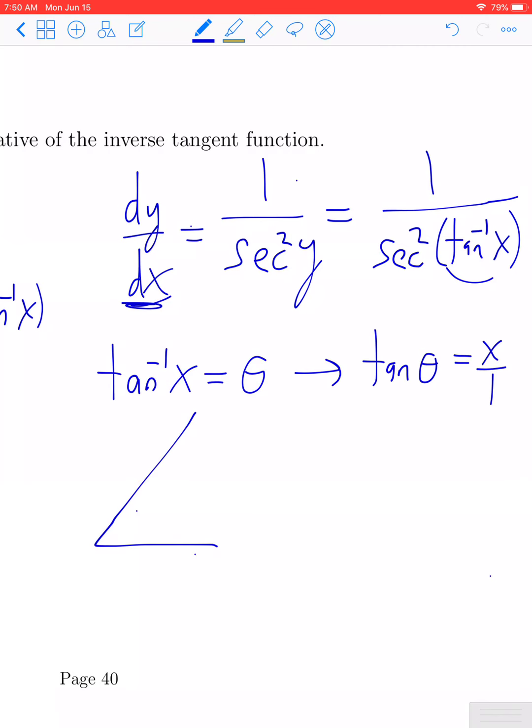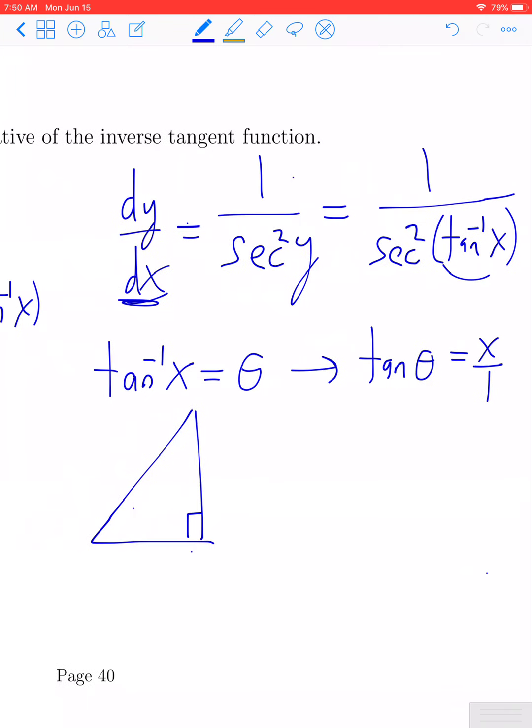So we can draw a sketch of a right triangle. Remember, the tangent is the ratio of the opposite over the adjacent. So if I call one of the acute angles theta, the opposite side will be x, the adjacent side will be 1, and I'm going to skip the work on this, but I'll let you show it on your own.